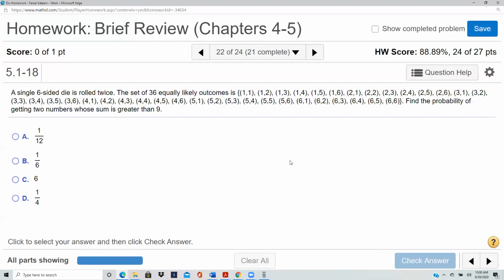So 36 equally likely outcomes. Find the probability of getting 2 numbers whose sum is greater than 9. Can you spot how many of these are summing to greater than 9, meaning 10, 11, or 12?